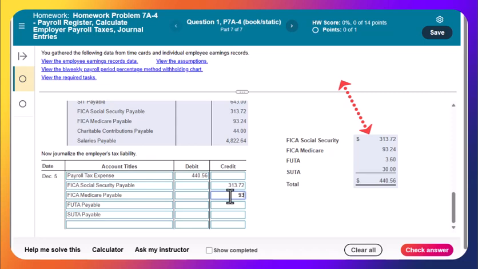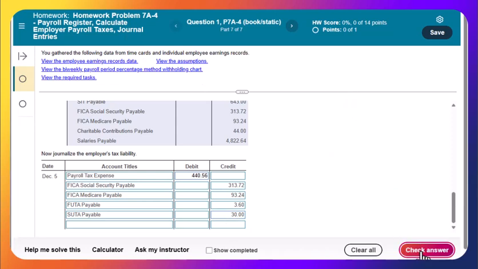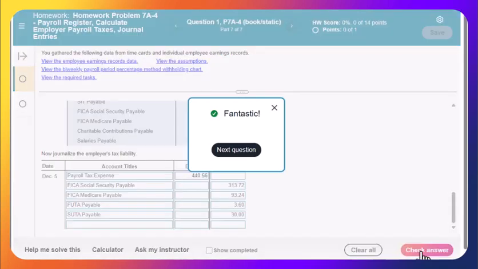We're bringing in the answers from above. And let's go ahead and check our answer. Fantastic.